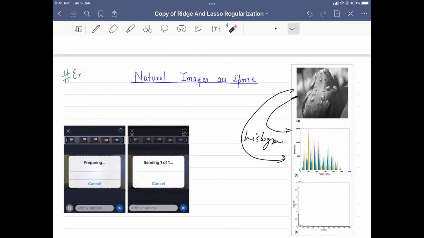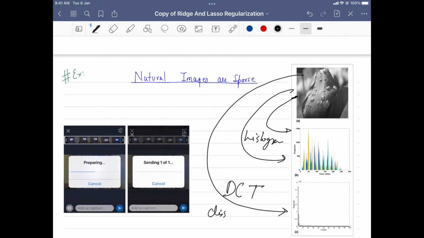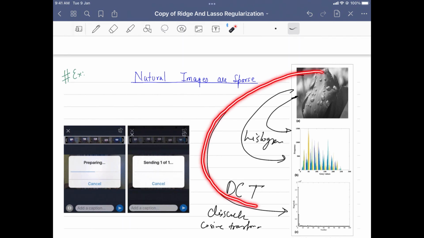Whereas if you convert this image by using one transform which we call the discrete cosine transform, then what you get is this curve.